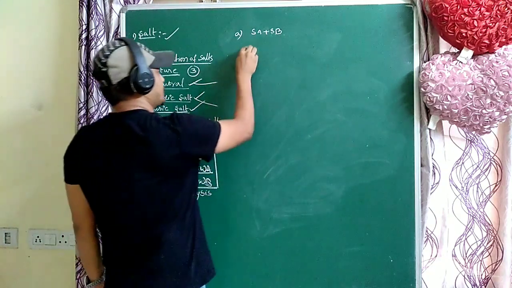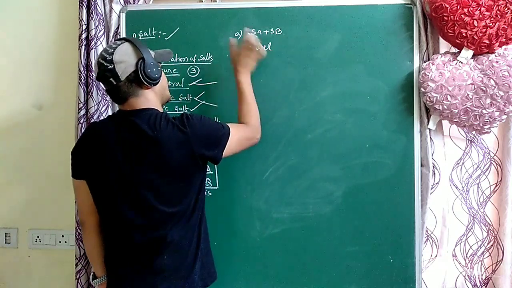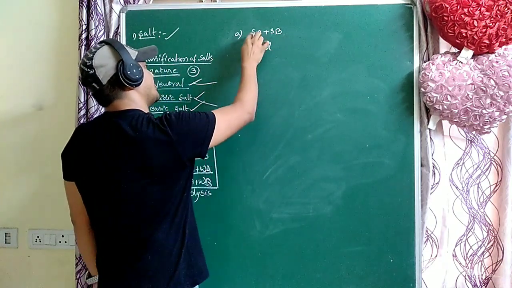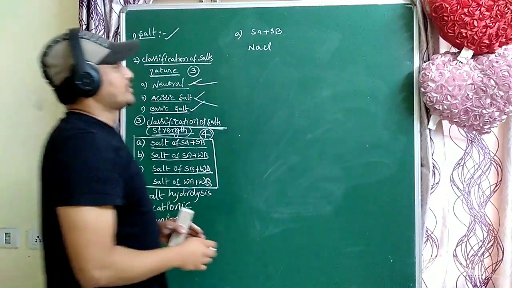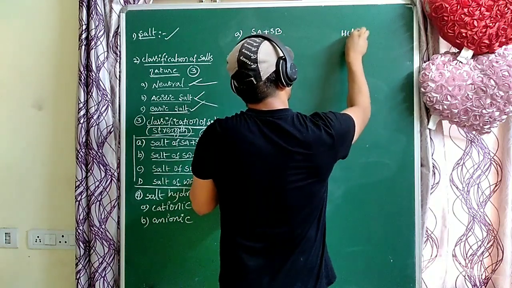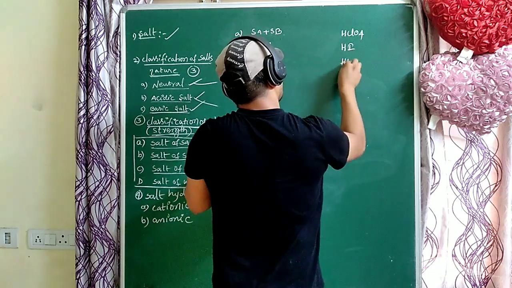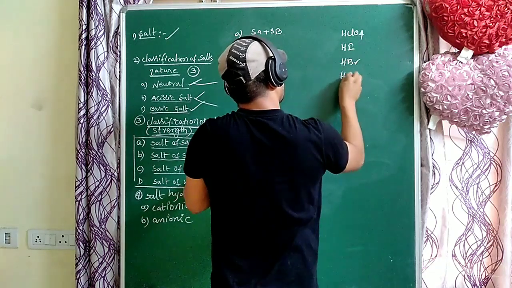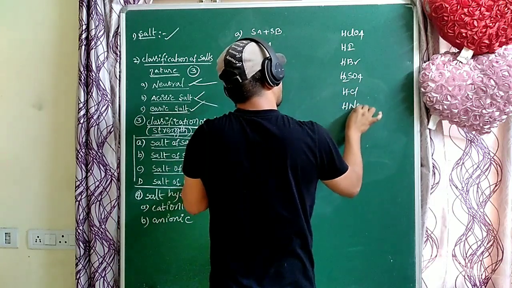For example, NaCl is the normal salt or neutral salt. It is prepared from strong acid and strong base. How is it identified? Some strong acids and strong bases are there. HClO4, HI, HBr, H2SO4, HCl, HNO3 are the very strong acids.